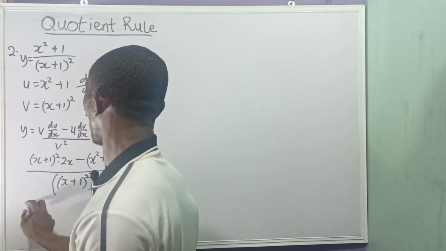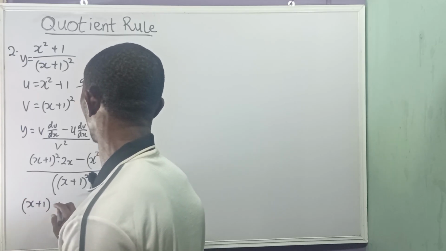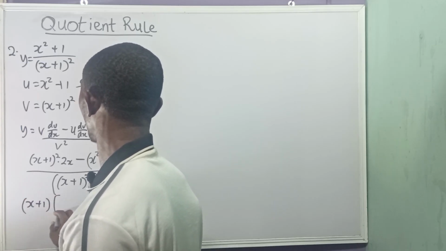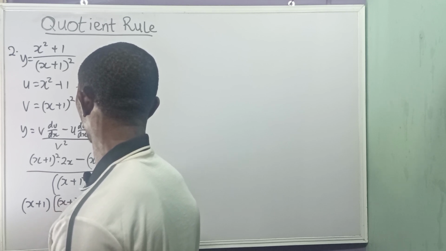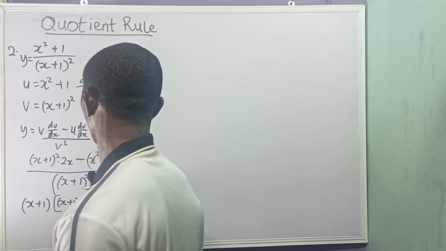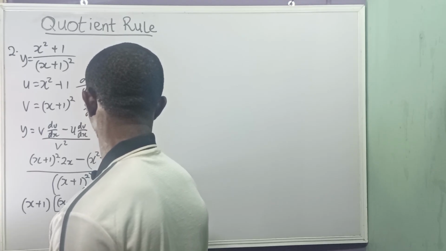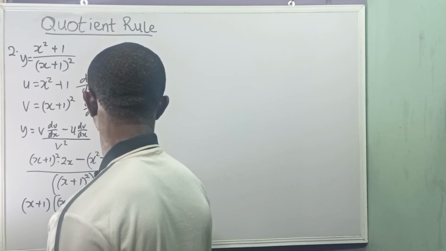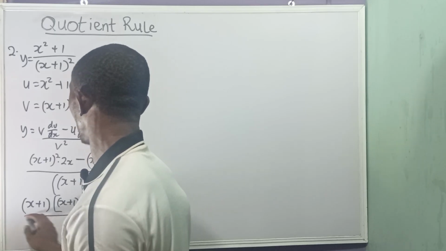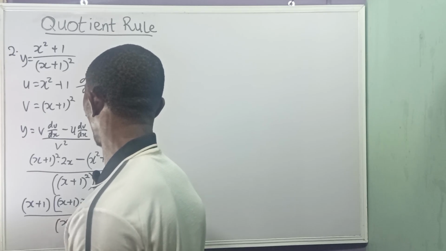We have x plus 1 as a factor, taken out, times x plus 1 times 2x minus x squared plus 1 times 2, all over x plus 1 raised to power 4.